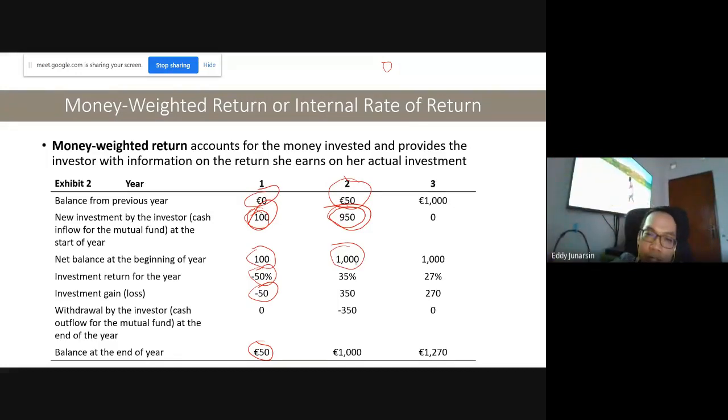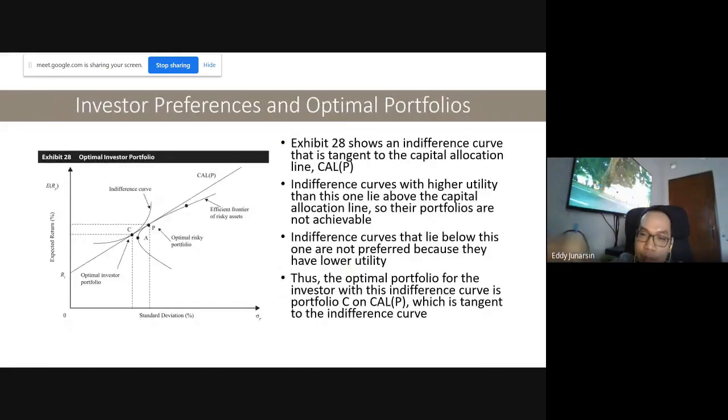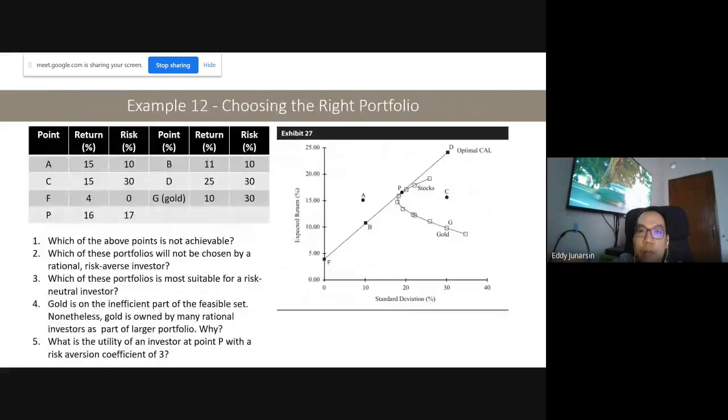So this year, we are making 35%. Wow, cool, right? Making 35% means 350, the amount of money. So from 1,000, we earn 350, or 35% of the investment.